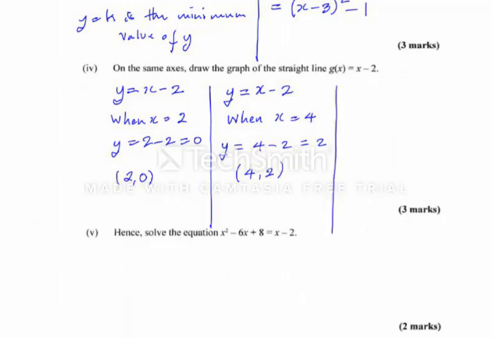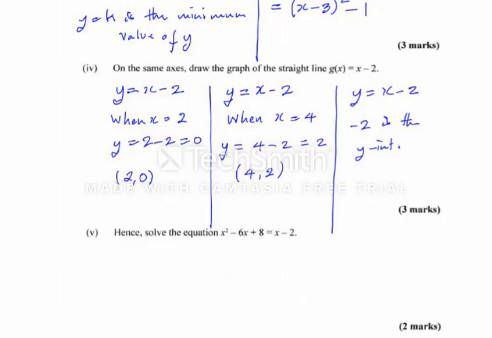And everybody should remember from coordinate geometry, for the equation y is equal to x minus 2, that minus 2 is the y-intercept. It means that the graph cuts the y-axis at minus 2.